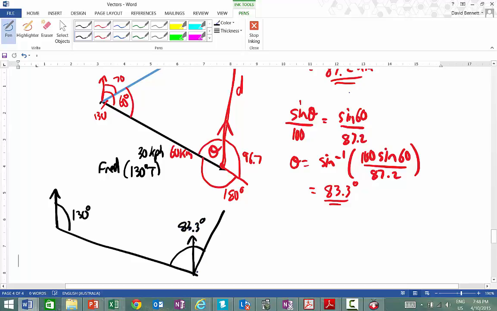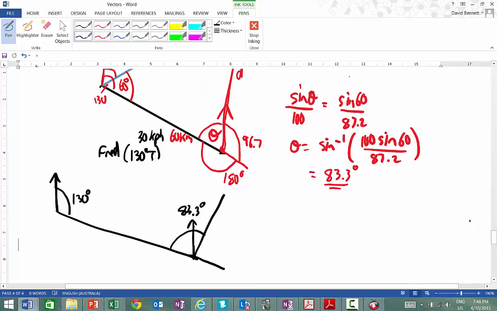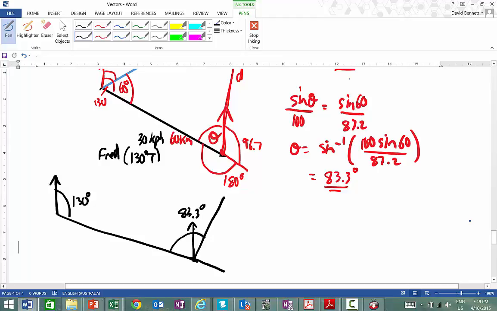If I did from my north line there, because we know it's 180 degrees in a straight line, this actual angle here from the north line would be 130, wouldn't it? So therefore this angle here has got to be 50 degrees, which means 50 degrees is used to get to that point there.